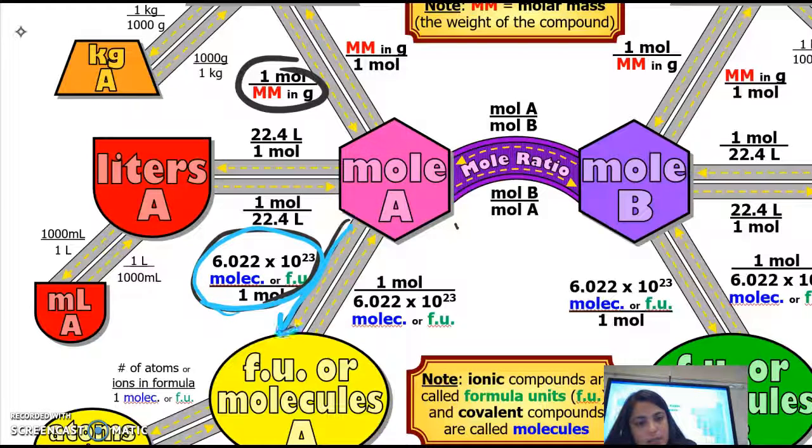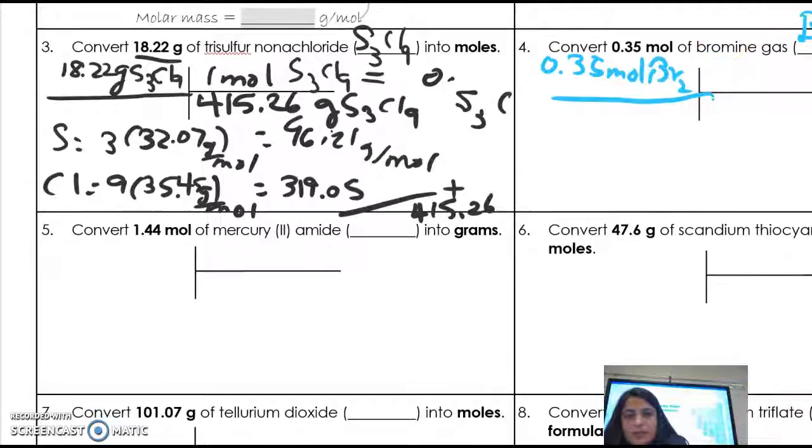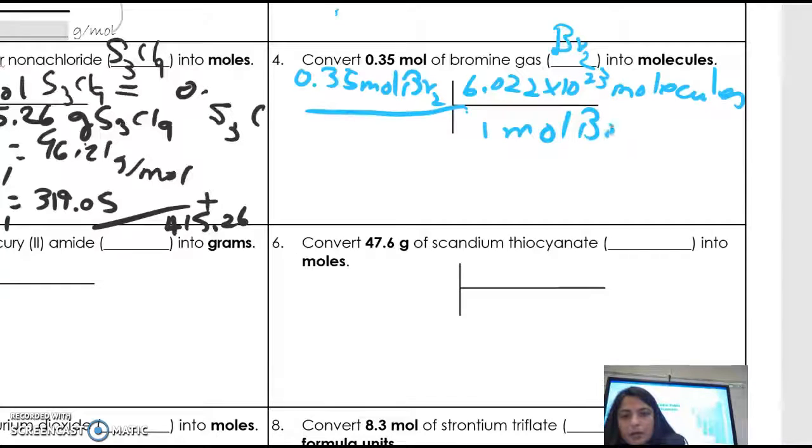We'll follow this path, and whatever is written on that side of the path, you do that. 6.022 times 10 to the 23. So you're going to put that up here, 6.022 times 10 to the 23 molecules. And at the bottom goes 1 mole Br2.